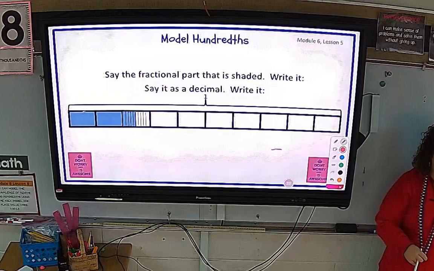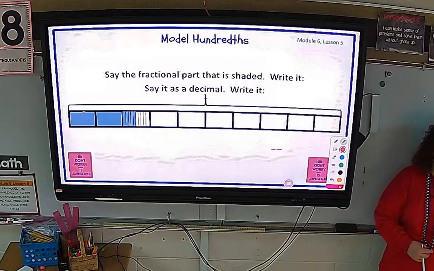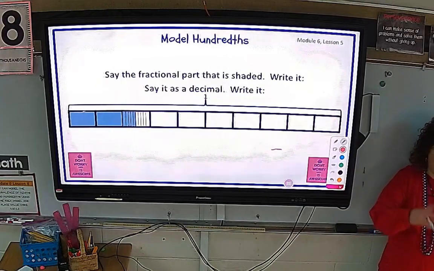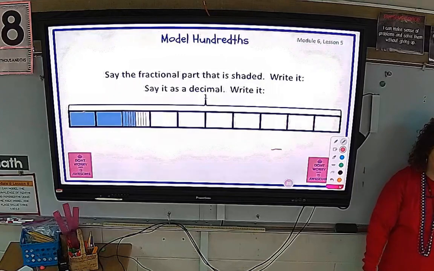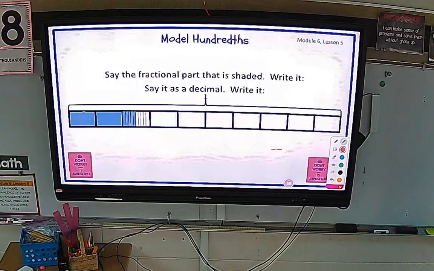Try it again. No, I don't want you to change the digits you had, because you had the right digits. You weren't telling me everything in the right order. 0 point what? All right, we don't say it as fifths, but 0.25. Is that okay?